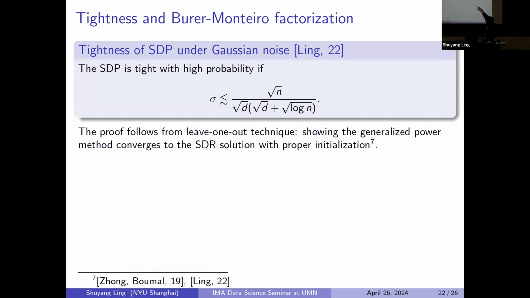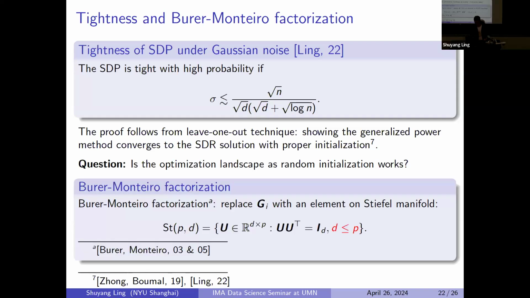It approximately matches the numerical version, square root of n divided by d, but theoretically we have this additional square root of d. But it's near optimal if d is not too big. Which means if we run this generalized power method with proper initialization, using spectral initialization, you get the tightness of SDP. The algorithm converges to the global minimizer of SDP.